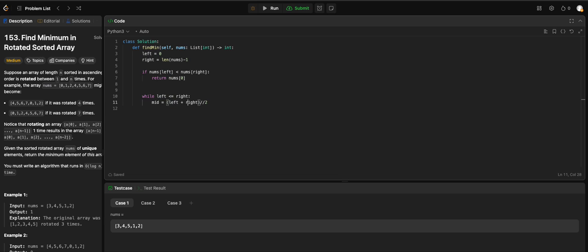So remember my catch, right? If nums[mid] is greater than nums[mid + 1], then return nums[mid + 1].